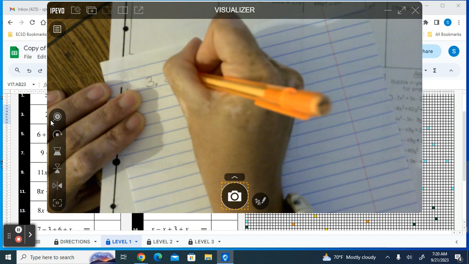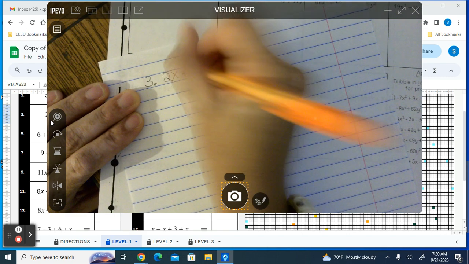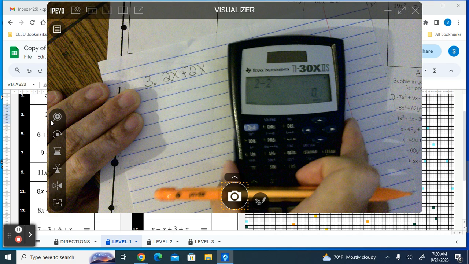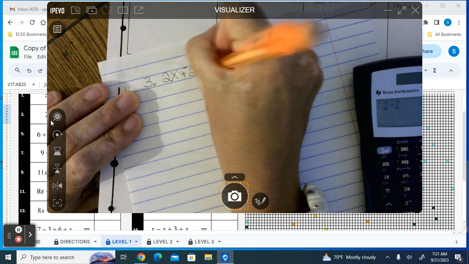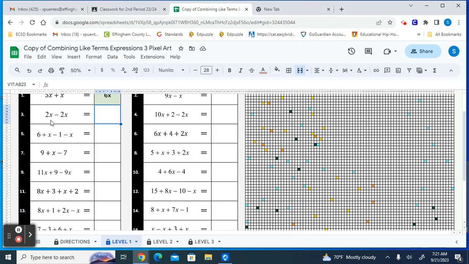So keep, change that negative to a positive, that positive to a negative. You could also put it inside your calculators as 2 minus 2 gives you 0. So your answer is going to be 0. There's no such thing as a 0x. So on number 3, we're just going to go ahead and put 0. And you'll see it starting to populate.